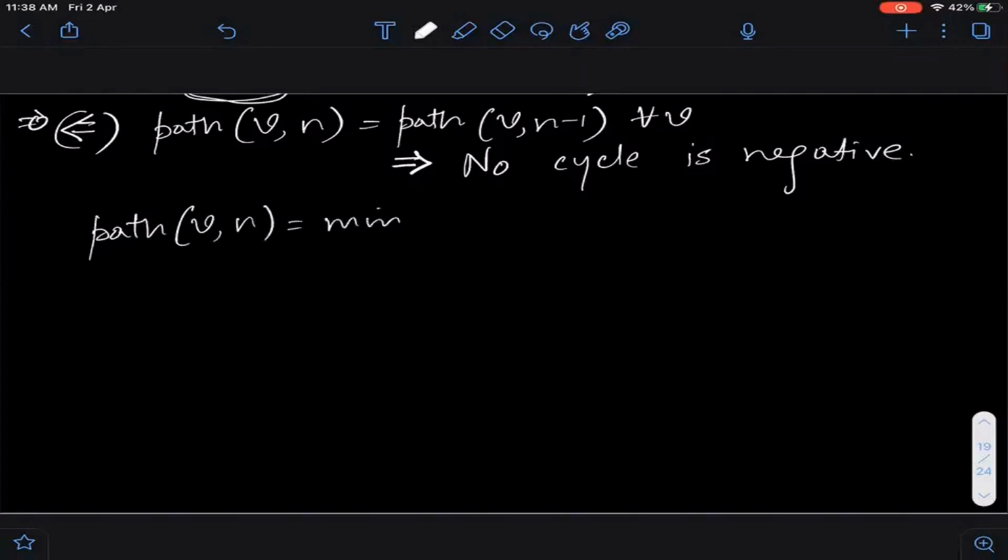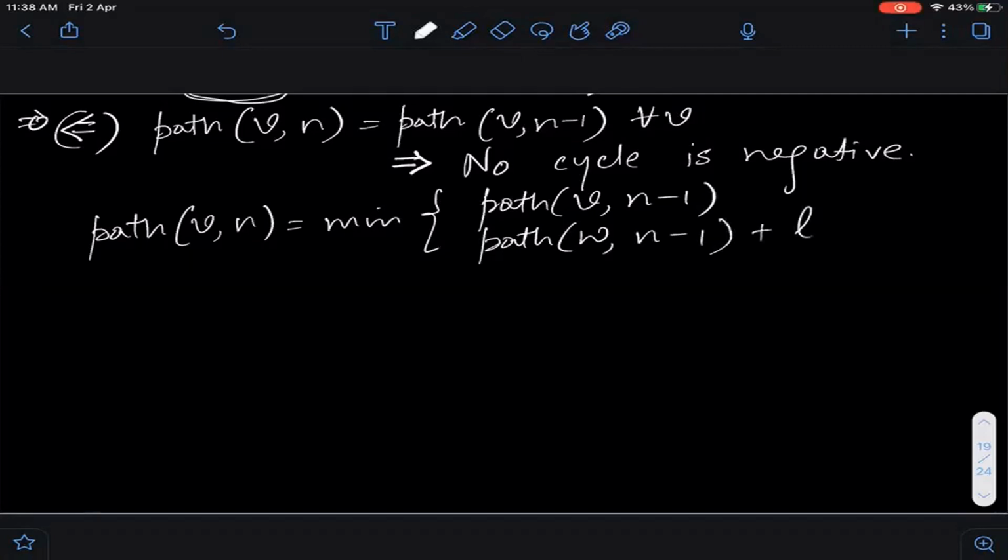So this is minimum of path v comma n minus 1 and path w comma n minus 1 plus L of wv for all wv belongs to E. है ना? ठीक है?